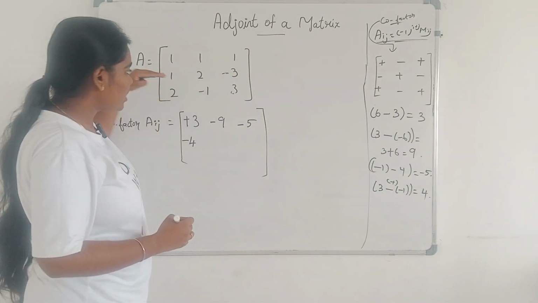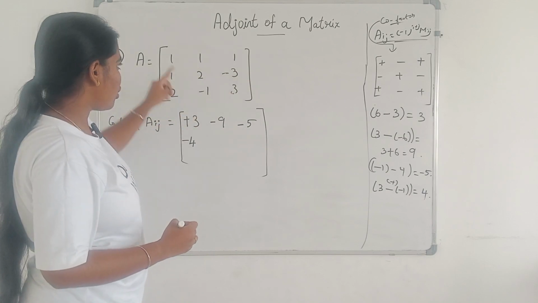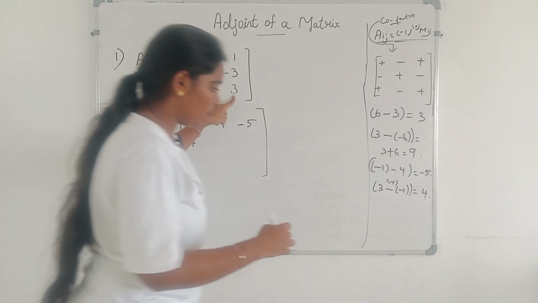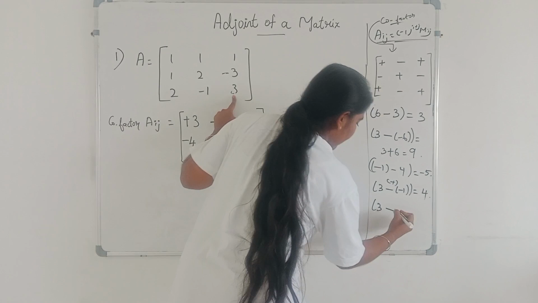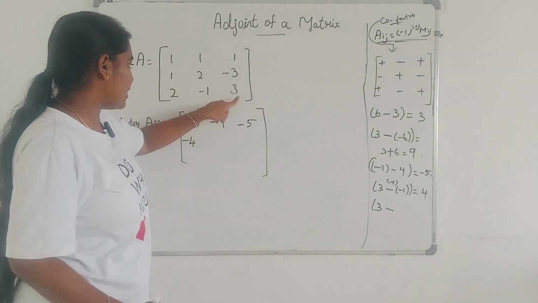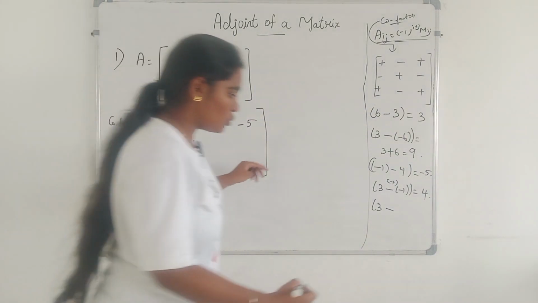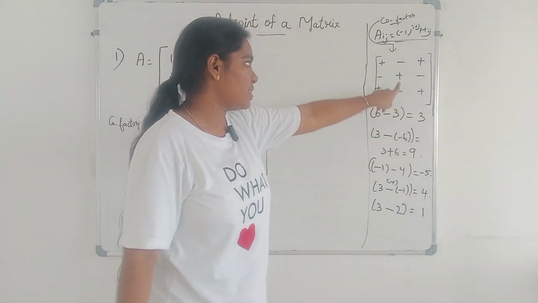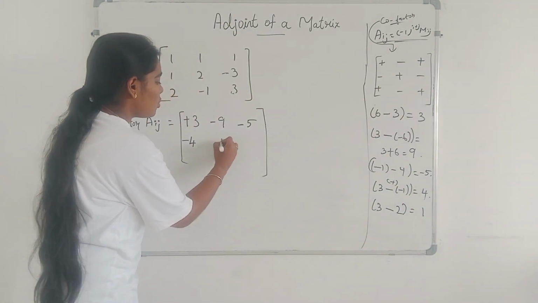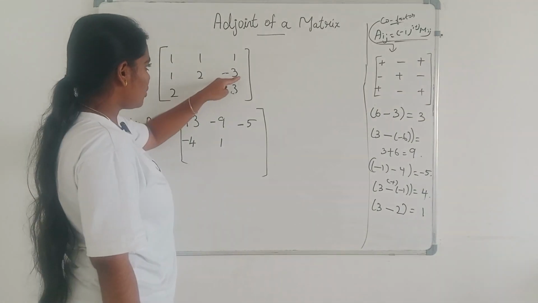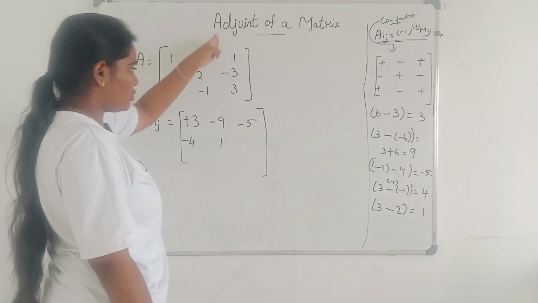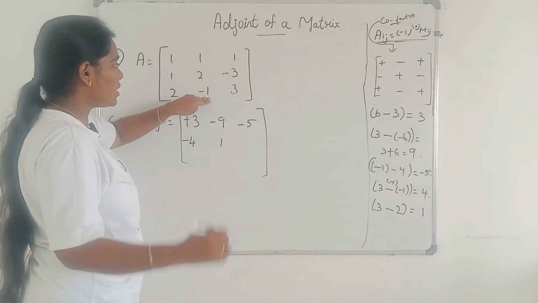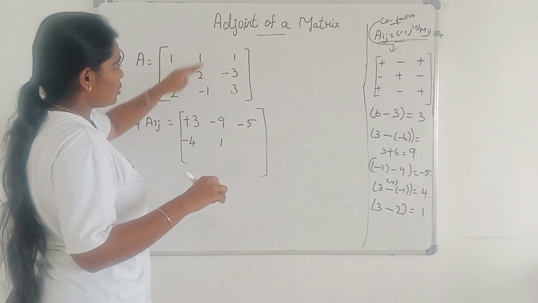Next, for this element, deleting the corresponding row and column, 1 into 3, 3, minus 1 into 3, 3, minus 2 into 1, 2. So 1. The corresponding sign is plus, so 1. Next, for this element, deleting the corresponding row and column, 1 into minus 1, minus 1, 2 into 1, 2.